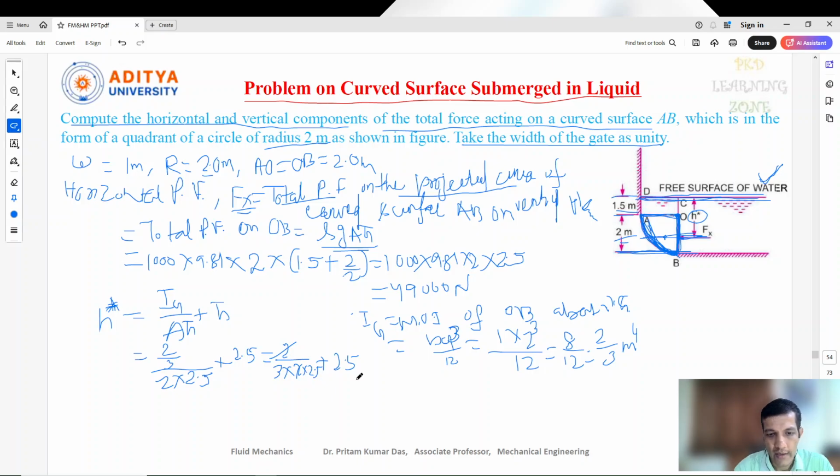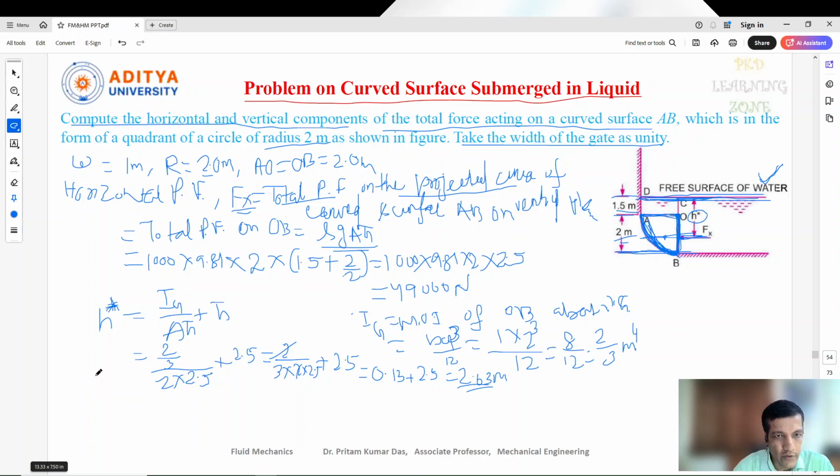So 1 by 7.5 is a very small value, about 0.13, plus 2.5. If you add this we get 2.63 meter from the free surface of the water. So this is the H star value, the center of pressure of the point.